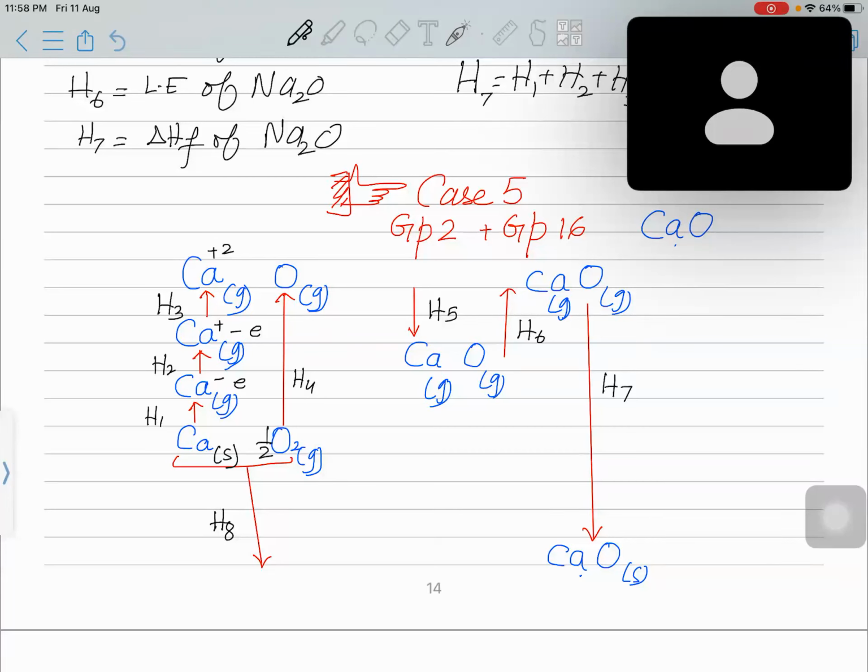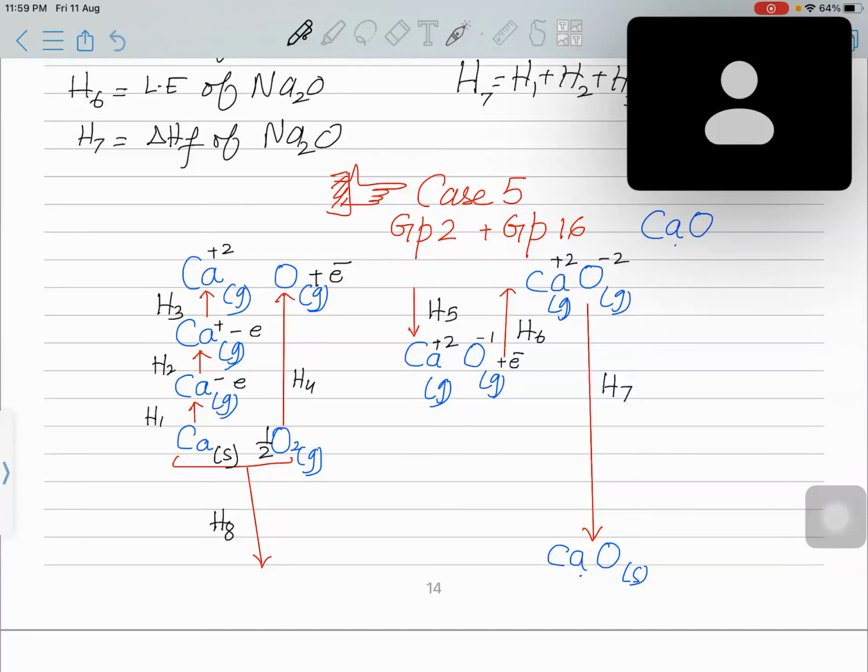Then oxygen gas, add one electron, it becomes -1. Then again add one electron, it becomes -2, and calcium is +2. Very good.